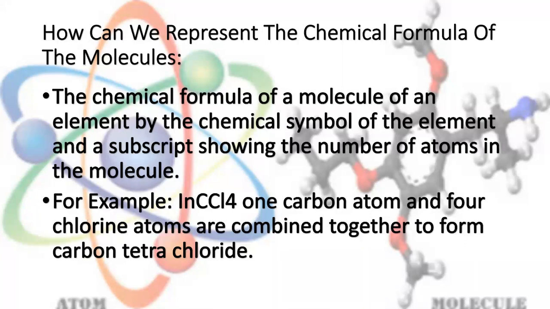For example, in carbon tetrachloride, CCl4, capital C for carbon, capital C and small l for chlorine. Number 4 is a subscript. One carbon atom and 4 chlorine atoms are combined together to form carbon tetrachloride. Is it clear?